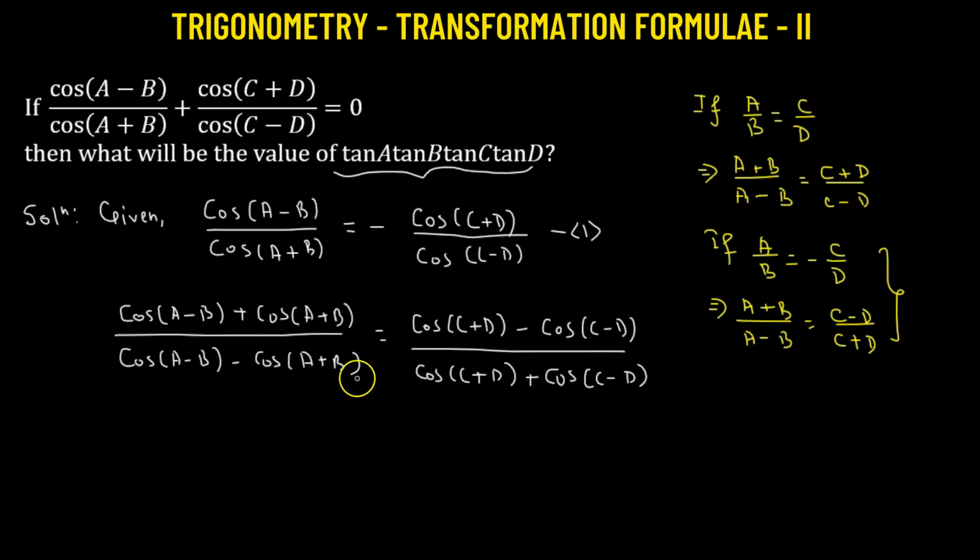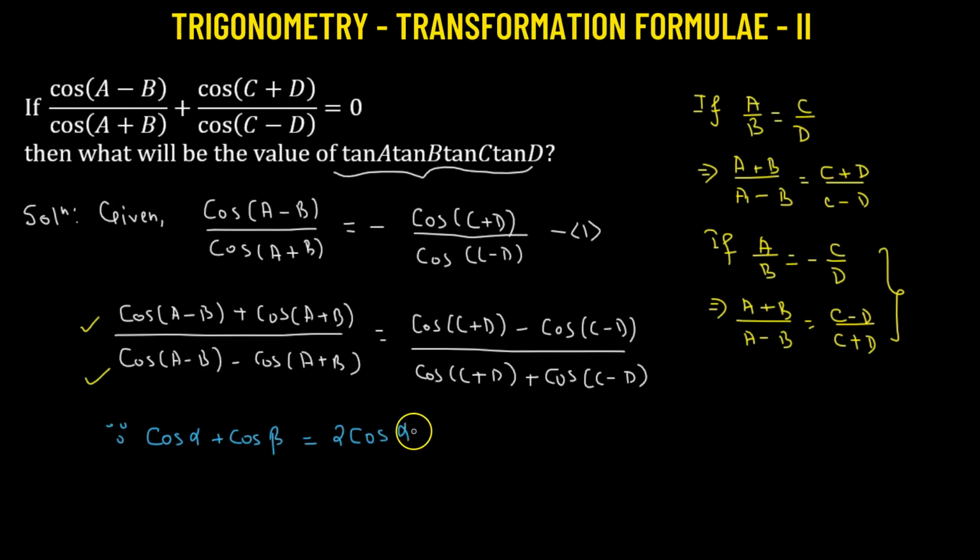Now, there's an added advantage of writing in this particular format, because what we have here is the sum of two cosines and the difference of two cosines on both sides. So we can employ the transformation formula. If we have cosine alpha added to cosine beta, then the sum of two cosine functions transforms as the product of two cosine functions.